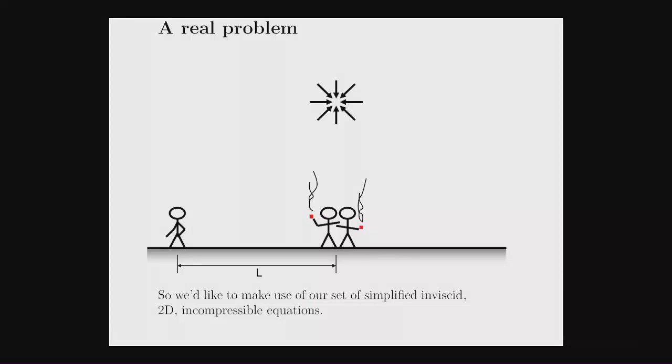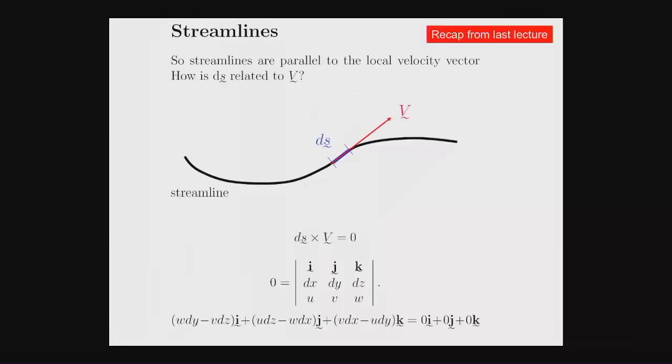And we are going to use the simplified inviscid two-dimensional incompressible equations, our Euler's equations. To find out how far this bystander has to stand, we need to know the streamline pattern in this flow.